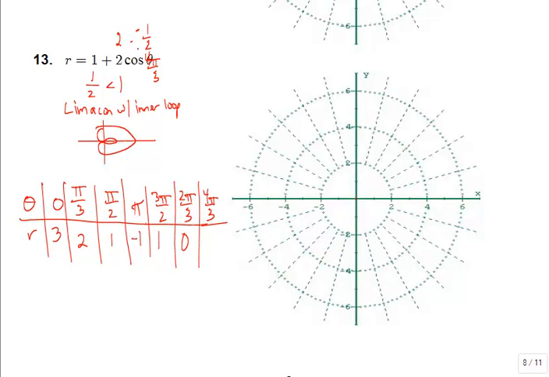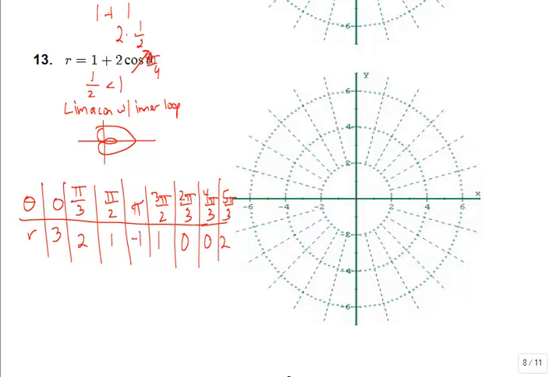So when I multiply by 2, that gives me that negative 1 again, plus 1, so this is also 0. And if you wanted that last pi over 3 angle, which was 5 pi over 3, the quadrant 4 version of the pi over 3 angle, then quadrant 4 cosine is positive, so this is positive 1/2 times 2, which is 1, plus 1, so this is back to 2 again.